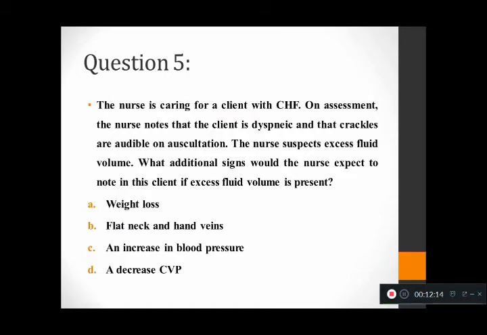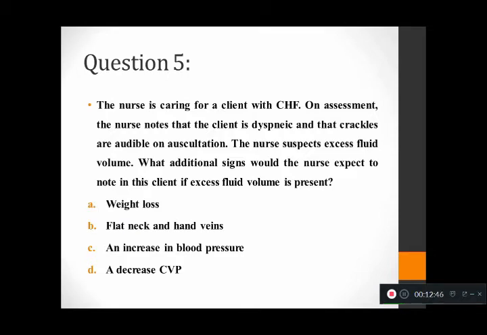Okay, now we see that when the nurse is seeing the client with cough, dyspnea, crackles, tachypnea, tachycardia, elevated blood pressure, bounding pulse, elevated central venous pressure, increased weight, edema, distended veins in neck and hand, and decreased hematocrit, these are the signs and symptoms of excessive fluid volume.